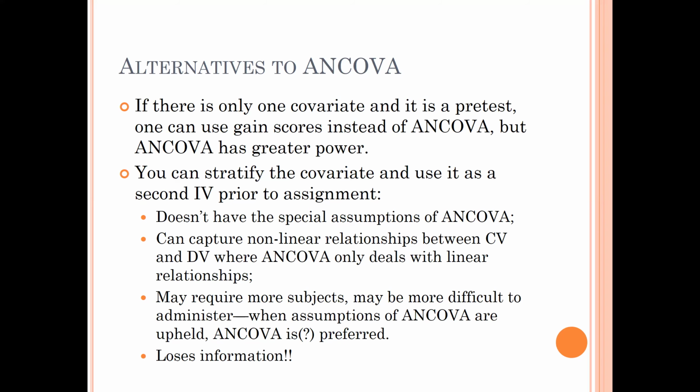This doesn't have those assumptions of Ancova, that the regression lines for each level of the relationship between the dependent variable and the covariate are parallel. However, you lose a ton of data, and I would not recommend it.